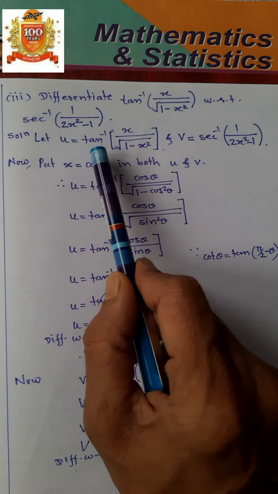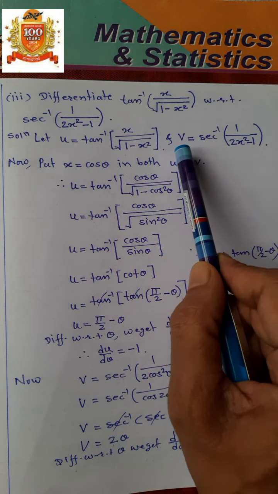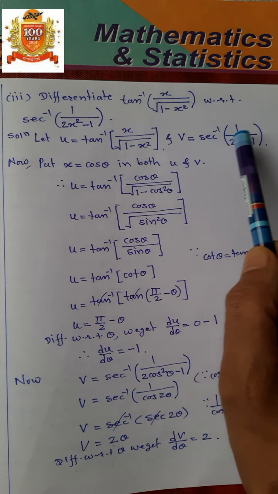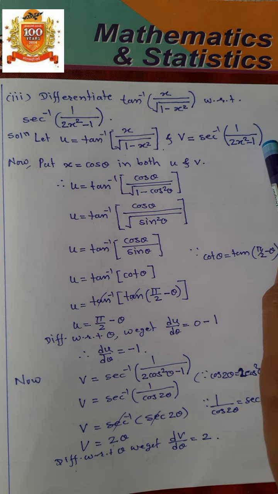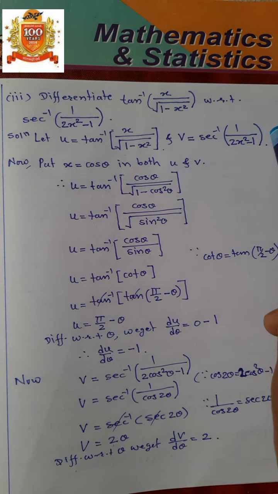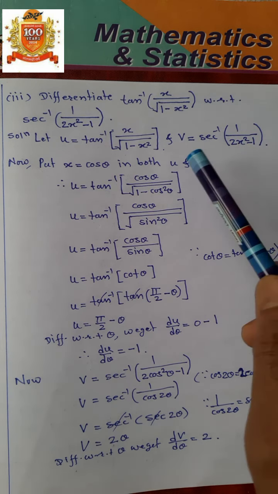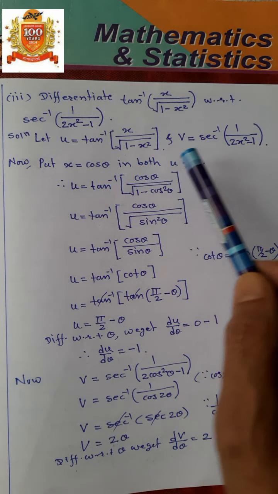Let u is equal to tan inverse of x upon root of 1 minus x square and v is equal to sec inverse of 1 upon 2x square minus 1. Here we have to find du by dv. But here we find du by dv by the substitution method.